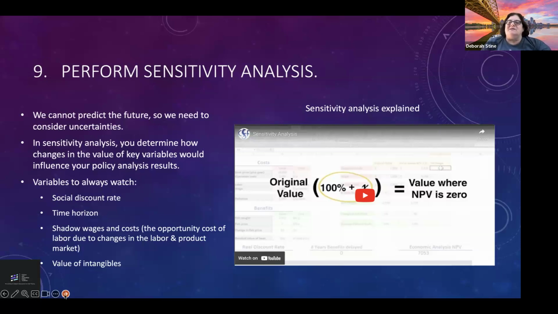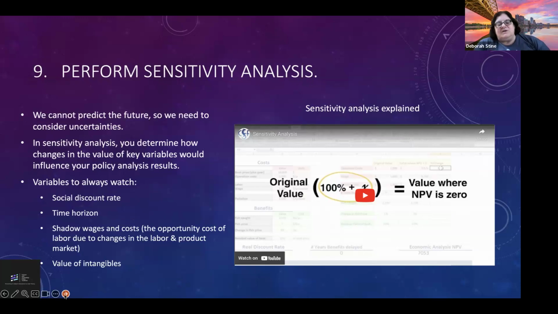And we cannot predict the future in terms of what's going to happen, particularly over decades and decades. So what we do to take account of that is we do sensitivity analysis. So for example, the price of gasoline has gone up and down a lot. When I was a kid, it was, I don't know, 23 cents or something. And now it's like $3, $4, or $5.